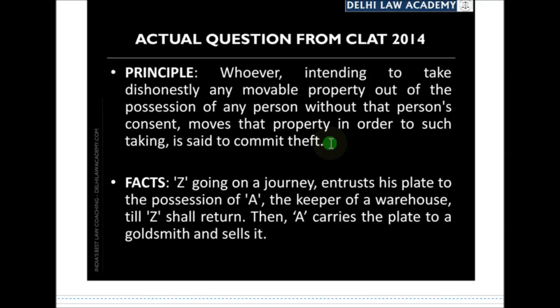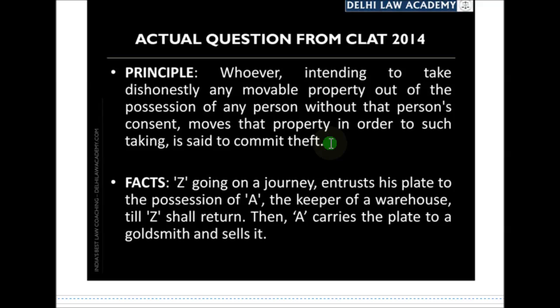Then A carries the plate to a goldsmith and sells it. You will find that these facts are exactly the same as are given in illustration E to section 378 of IPC. We have already seen these facts earlier in this video, and we have also seen that the answer which is given in the IPC on these facts is that A has not committed the offense of theft. Why?